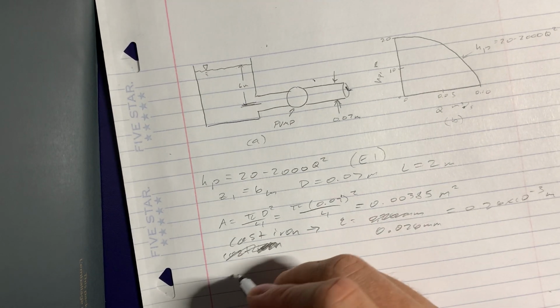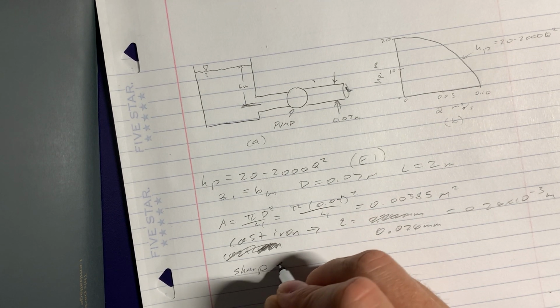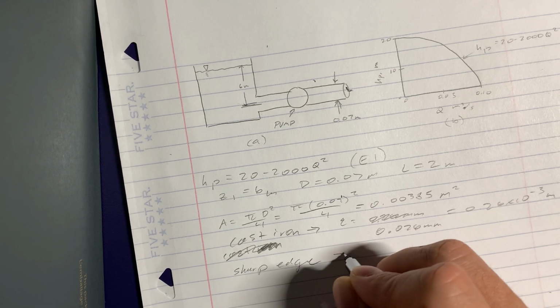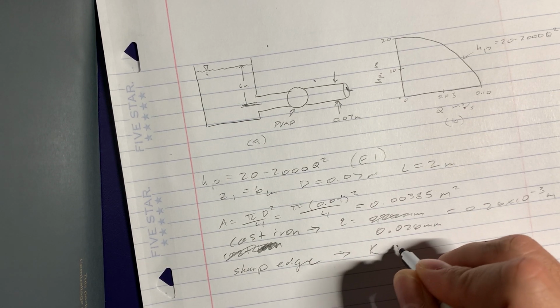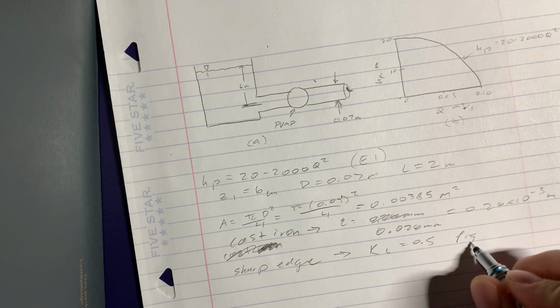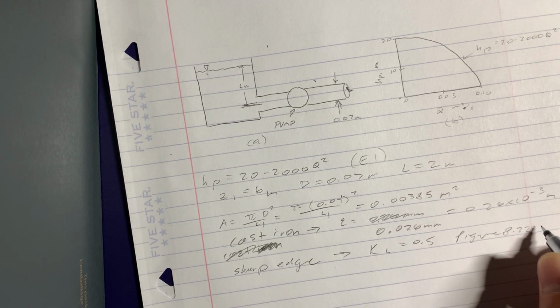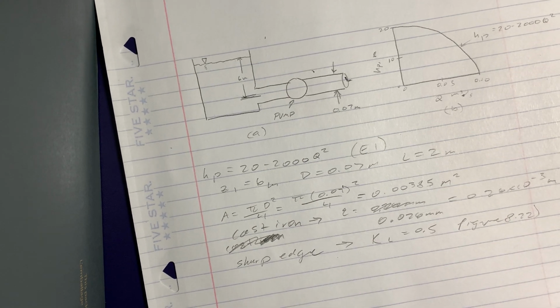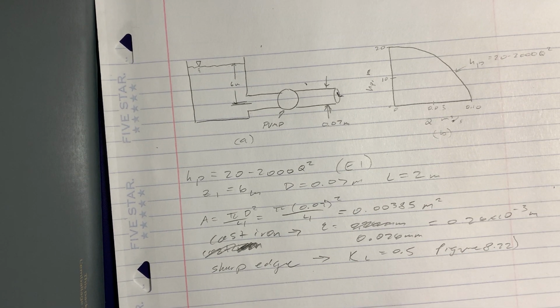And for sharp edge, our K value is 0.5 from figure 8.22. And now we want to use the energy equation so we can use the values out of that to find our Q.